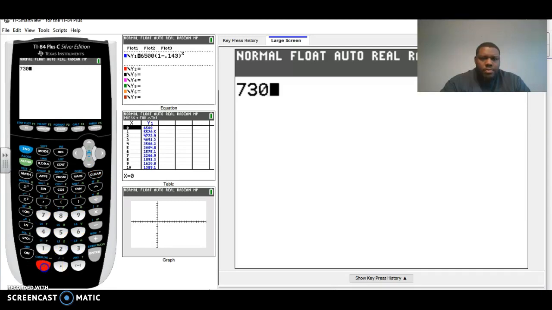7,300 parenthesis 1 plus 0.07 divided by 365. Close it. Now, when you raise this thing, guys, to the exponent, put parentheses around 365 times 3.